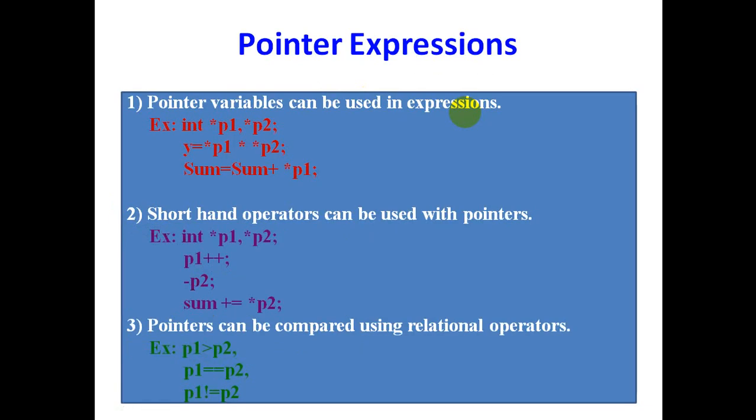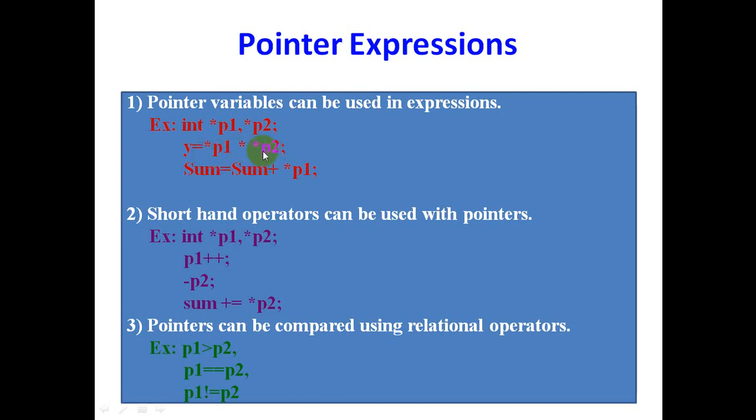Next is pointer expressions. Here pointer variables can be used in expressions. In mathematical expressions we can use pointer variables. Here you can see I have taken two pointers P1 and P2, declared in integer data type, and here I have taken multiplication, multiplying the two pointers P1 and P2.